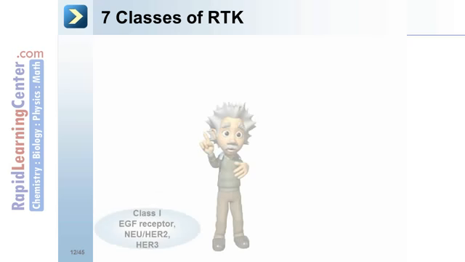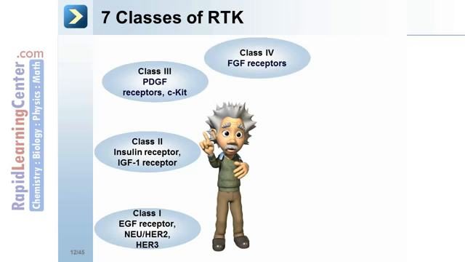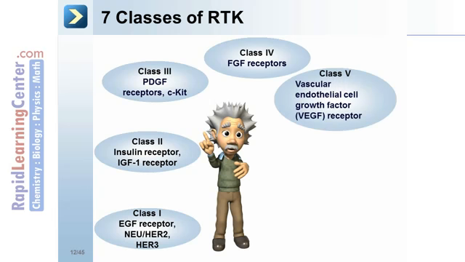7 classes of RTK. Class 1, EGF receptor, neu, HER2, and HER3. Class 2, insulin receptor and IGF receptor. Class 3, PDGF receptors, c-KIT. Class 4, FGF receptors.